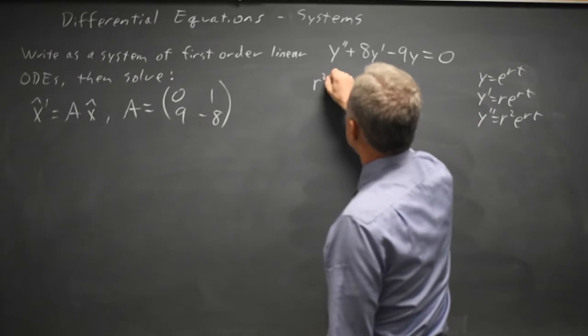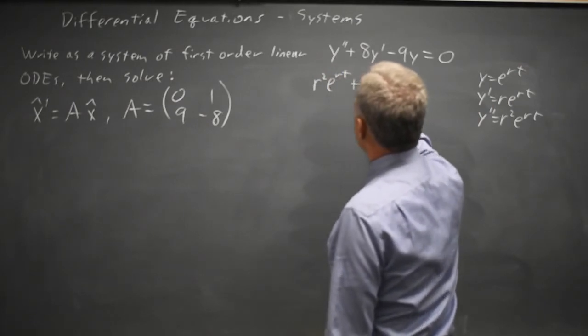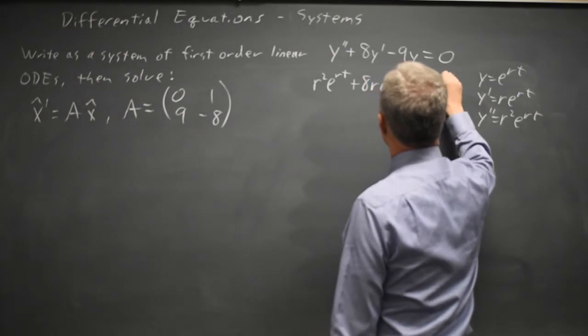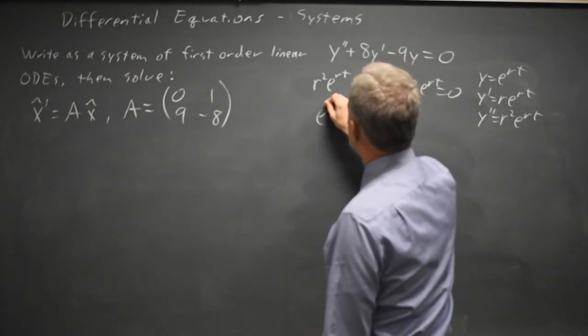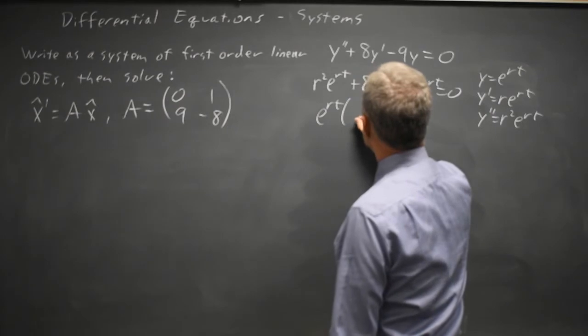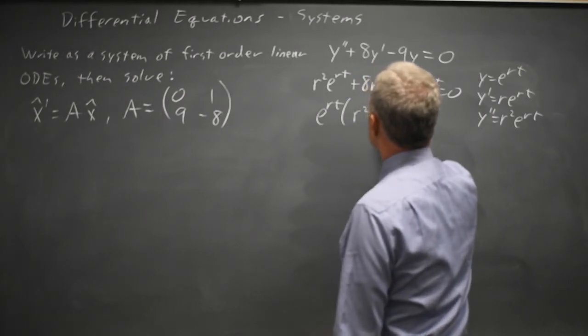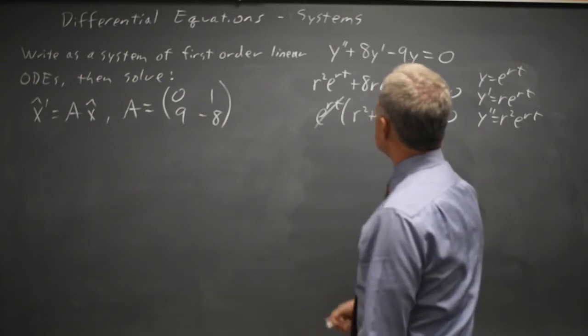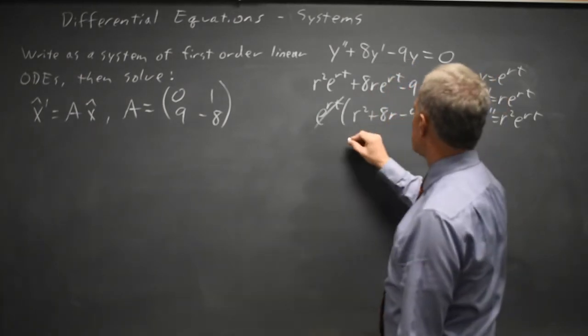So r squared e to the rt plus 8r e to the rt minus 9e to the rt equals 0. e to the rt times the characteristic polynomial r squared plus 8r minus 9 equals 0. The exponential is never 0, so I can divide by that.